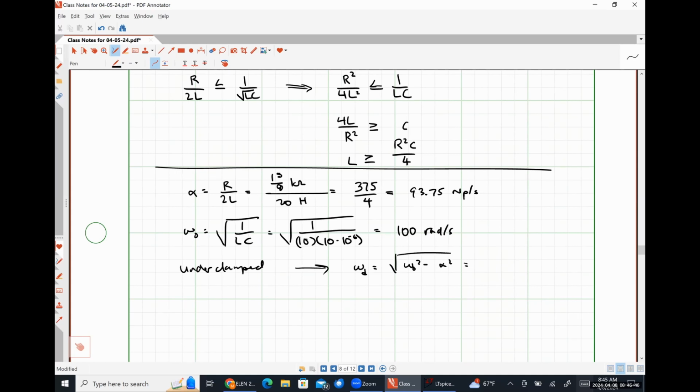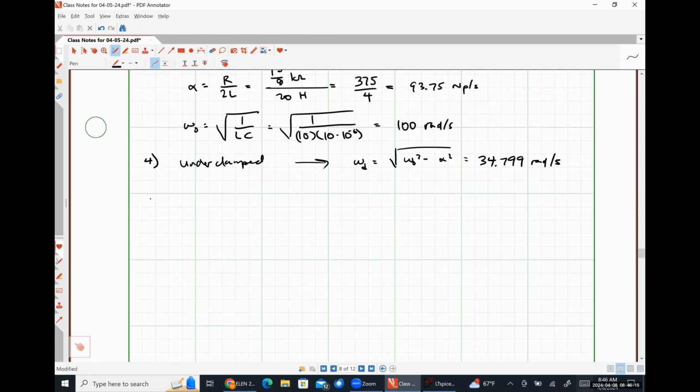So square root of 100 squared minus 93.75 squared comes out to be 34.799 radians per second. Okay, so we knocked out step 4 first, just because I wanted to make sure that this example was going to be something new for us. All right, so now let's go back to step number 1.